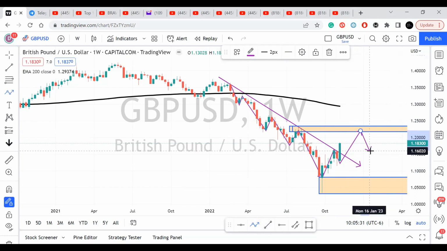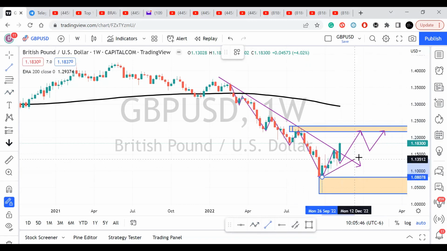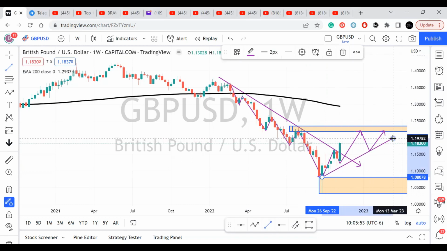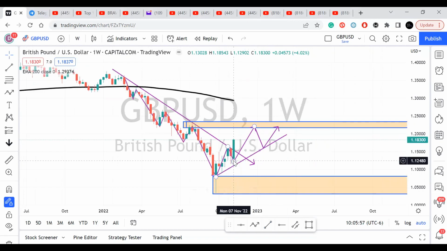So price is coming back there to retest this low, then we will come back to this high. So this is my outlook for now on this pair. So I'm anticipating this type of move, and it's all pending, it's still pending for the moment.